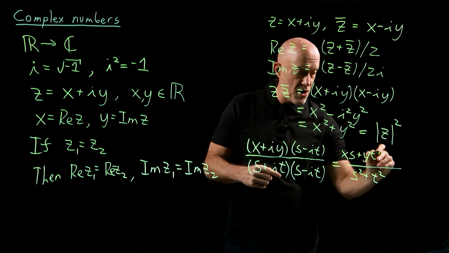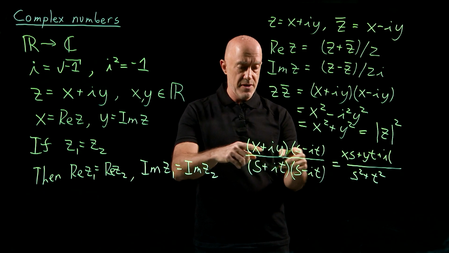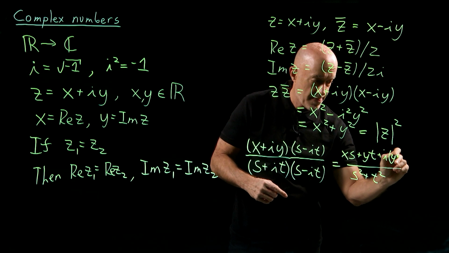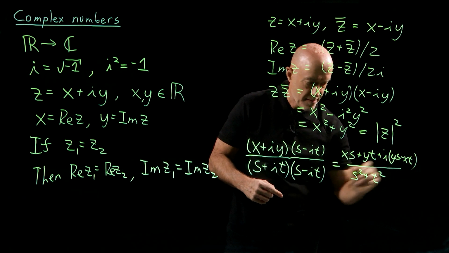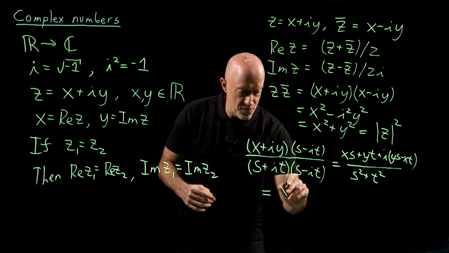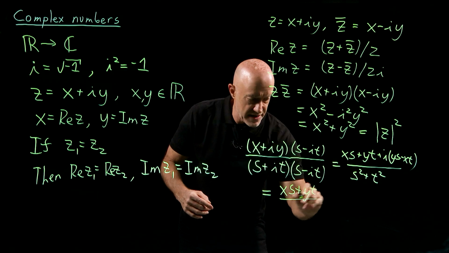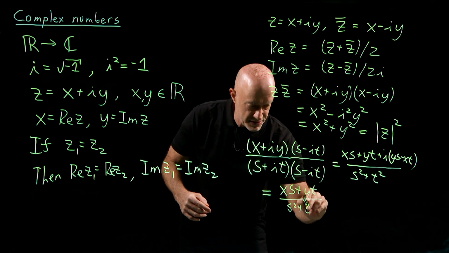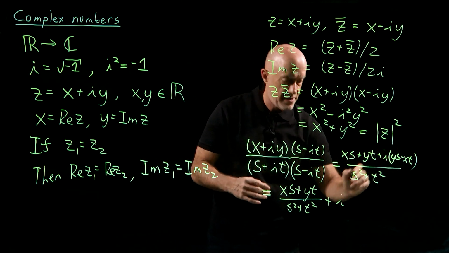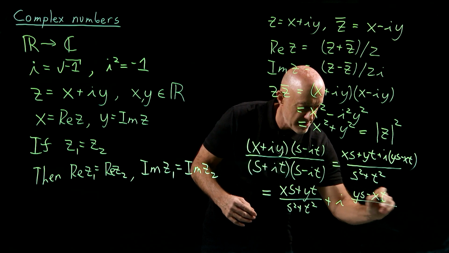And then the part that's proportional to i would be the cross term, which would be ys minus xt. So if we write that as a complex number, we have the real part, which is xs plus yt divided by s squared plus t squared, plus i times the imaginary part, which is ys minus xt divided by s squared plus t squared.